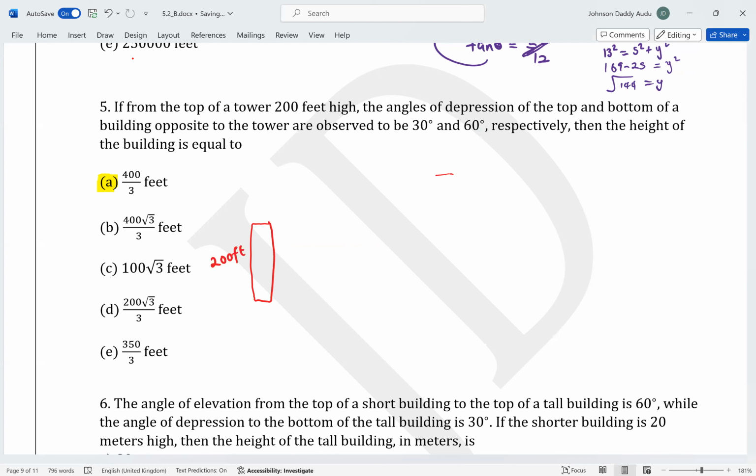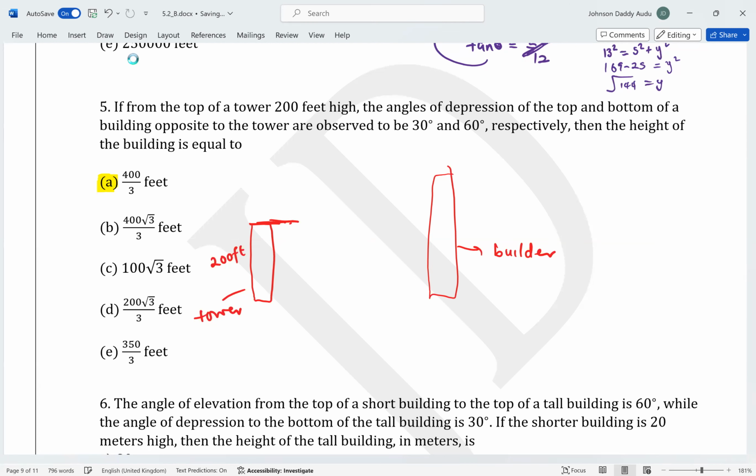Let's say you have a building. Now this is the building, and this is the tower. So from the top of the tower, your eyesight becomes this one, right?